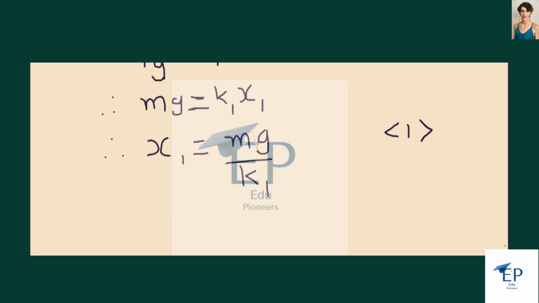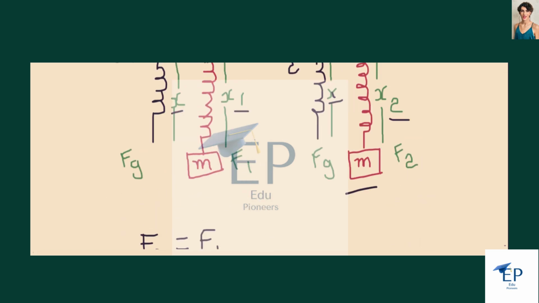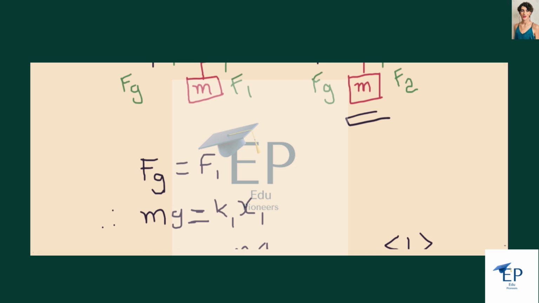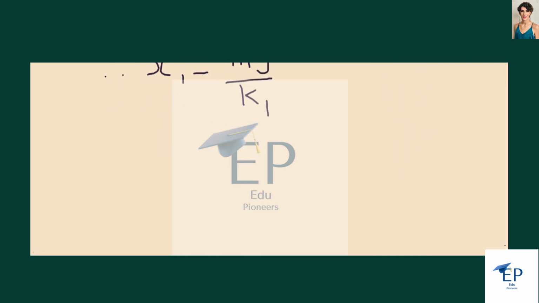Now to calculate the extension in the second spring, this one, due to the attached mass, by equating gravitational force on the mass to the spring force, let's say for this Fg is equal to F2.